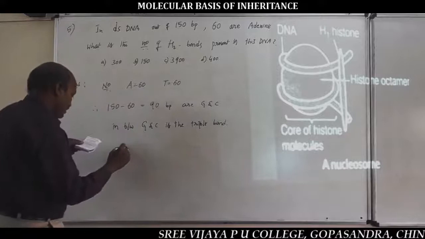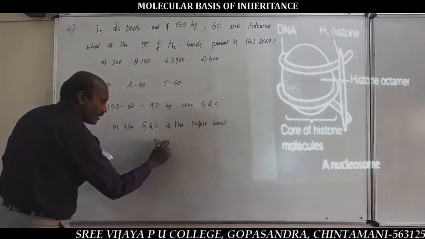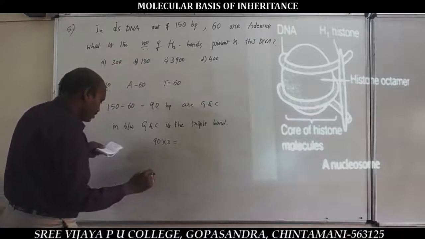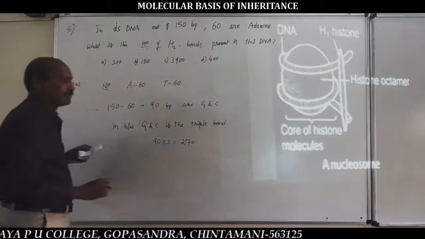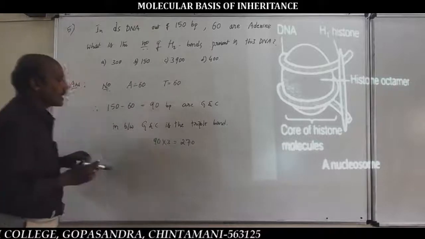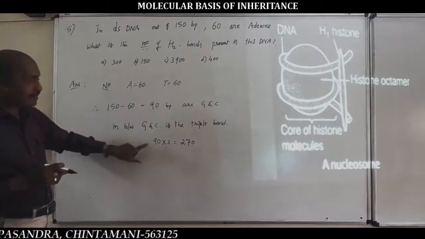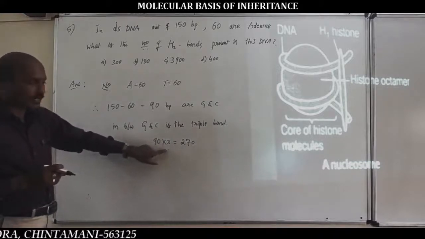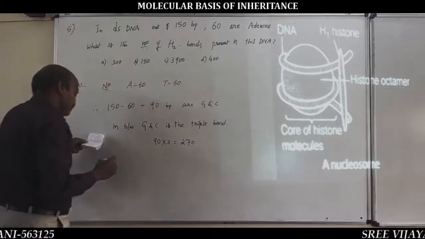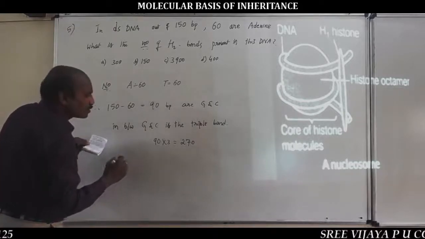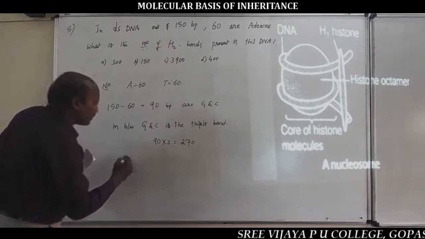So 90 into 3 equals 270, because the G and C value is 90 and the triple bond is 3.